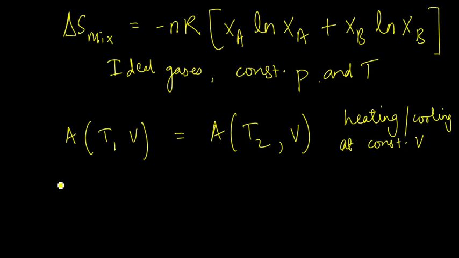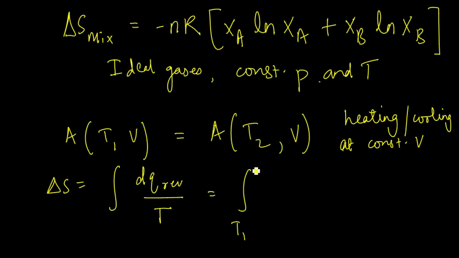And then I want to calculate the change in entropy of this system. That's fairly simple, straight from the definition. Delta S is equal to going from state 1 to state 2 dq reversible by T, which is equal to integral from T1 to T2 of Cv dT by T, because the process is at constant volume.